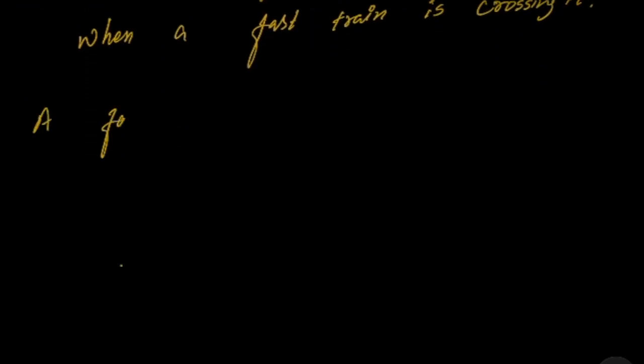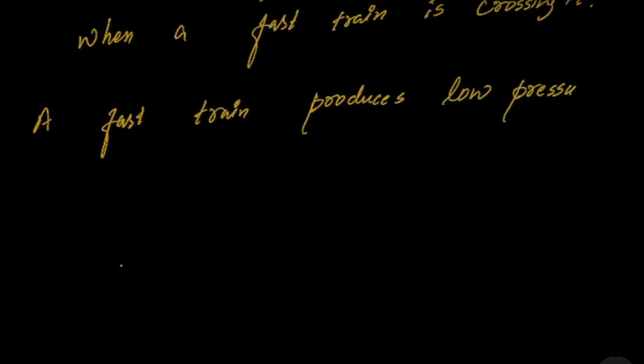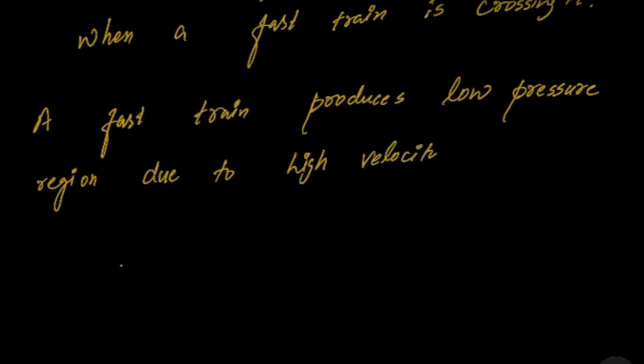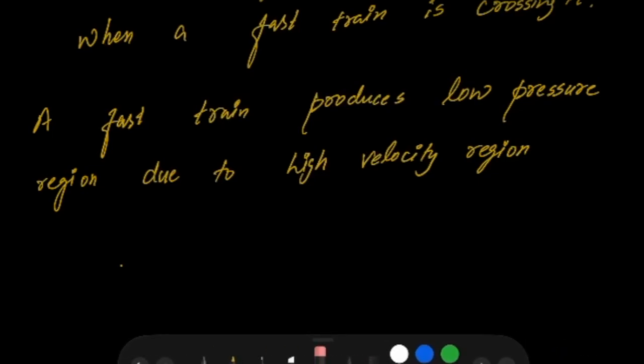So, a fast train produces a low pressure region due to the high velocity of air.